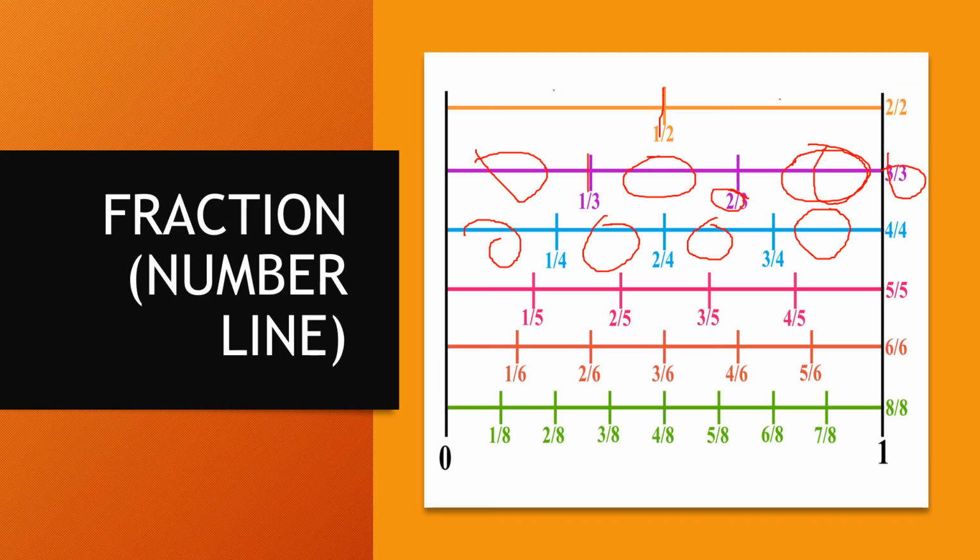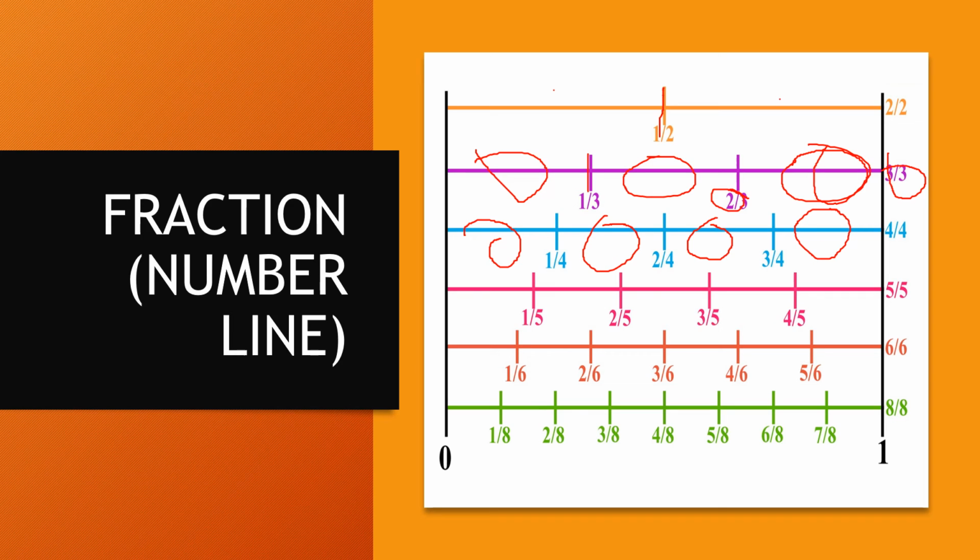Look at the orange color line. Bottom number is 6. So there are 6 groups. The green color line, bottom number is 8. There are 8 groups. Clear, guys?